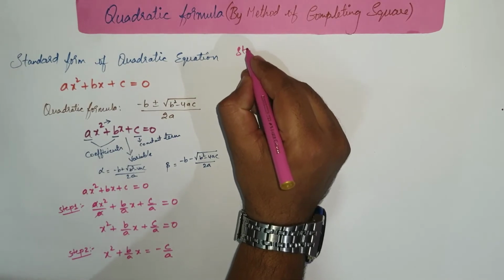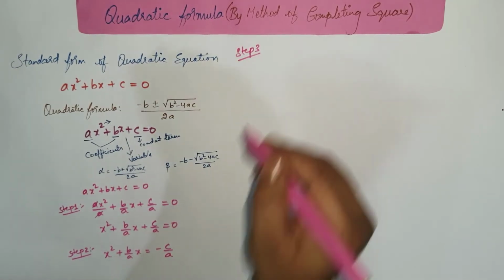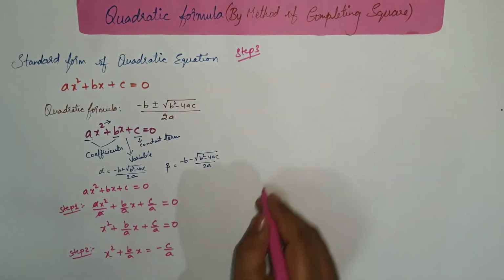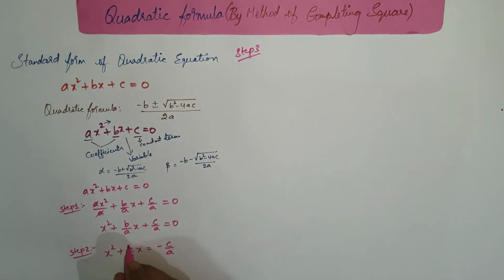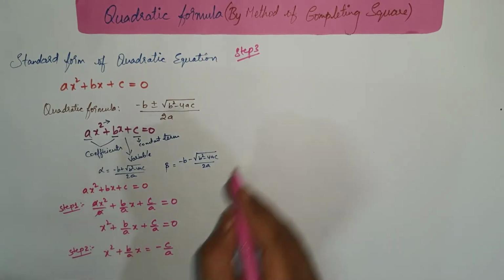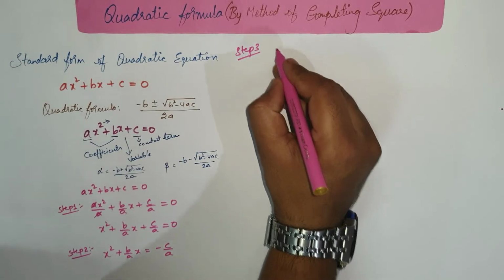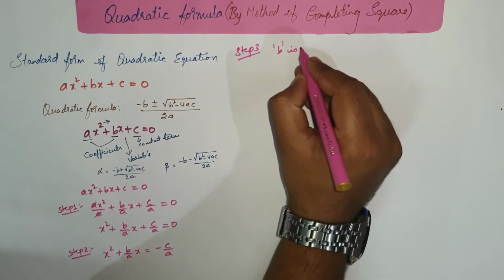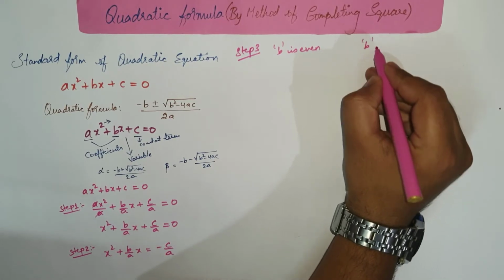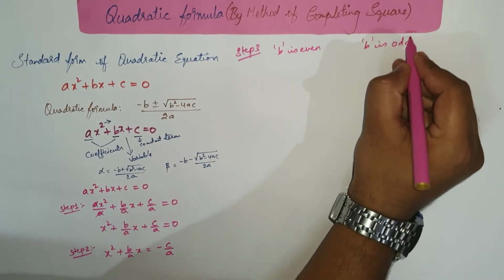Step 3. So in step 3, you will be having two cases. Now we need to consider the coefficient of x. So here the coefficient of x is b in the numerator. So if b is even, there will be one condition, and if b is odd, another.